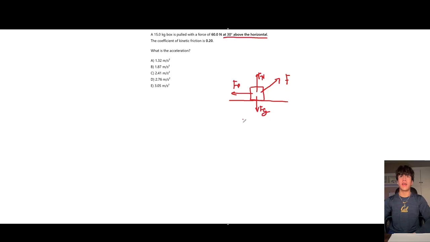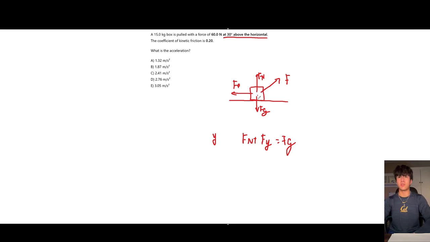We can label our X and Y forces. Our Y forces: the normal force plus the Y component of the force we're applying equals the gravitational force. That's because the block is staying on the surface, so vertically it didn't move.